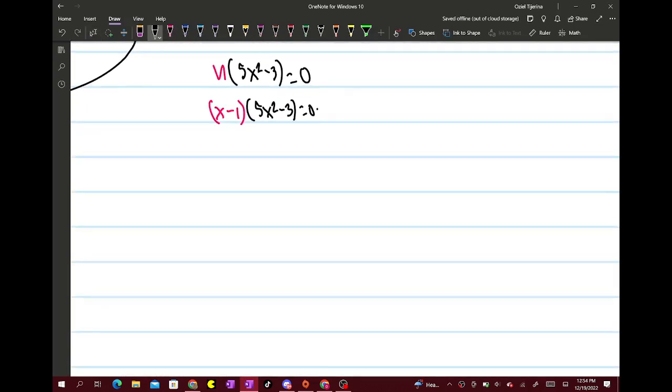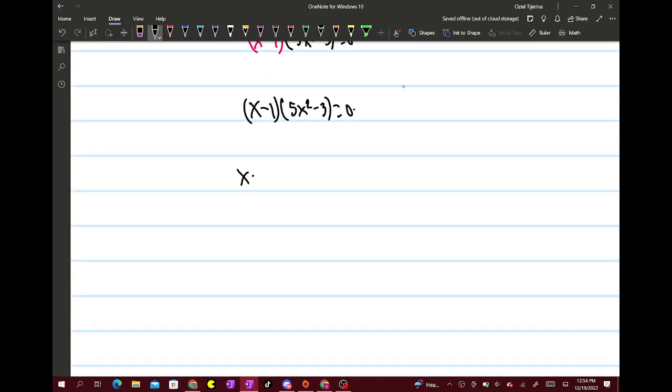Now, using the zero product property, we can say that x minus 1 times 5x squared minus 3 equals 0, so x minus 1 equals 0, or 5x squared minus 3 equals 0. And then adding 1 to both sides, we get x equals 1.